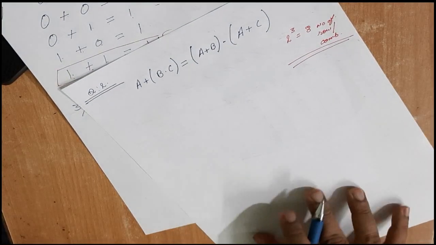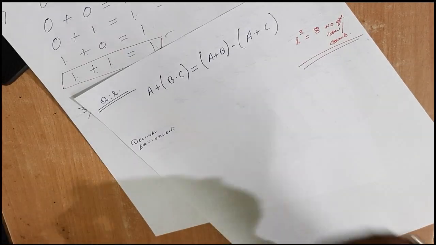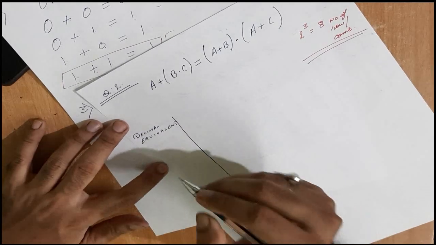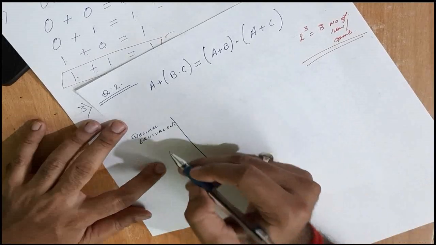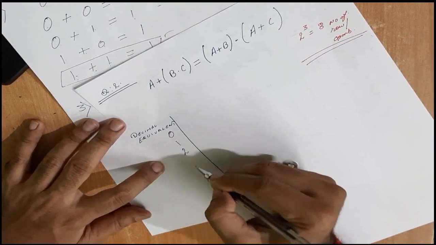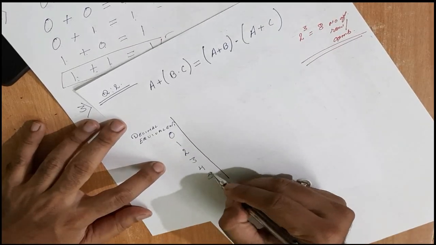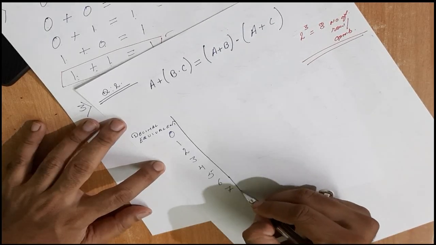So let's prepare the table. First, I'll write down the decimal equivalent. So I'll have how many rows? 8 rows. So 0, 1, 2, 3, 4, 5, 6 and 7 students.